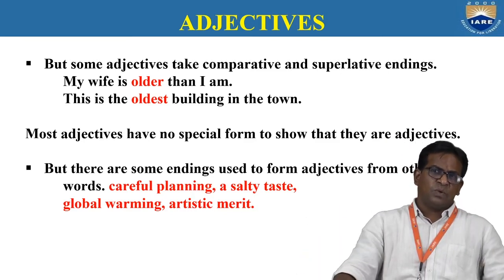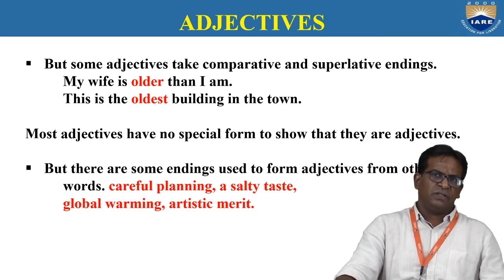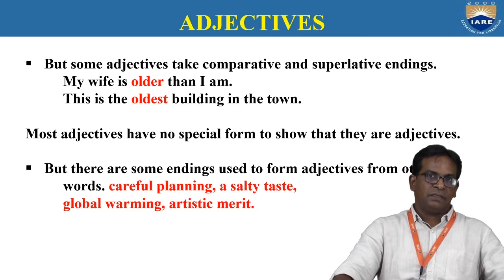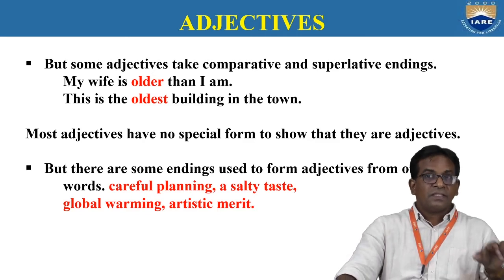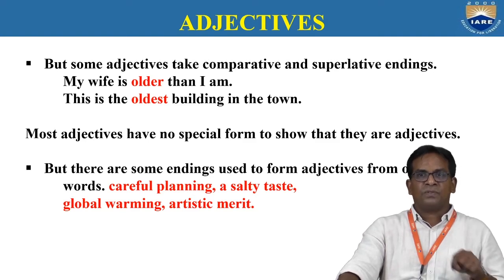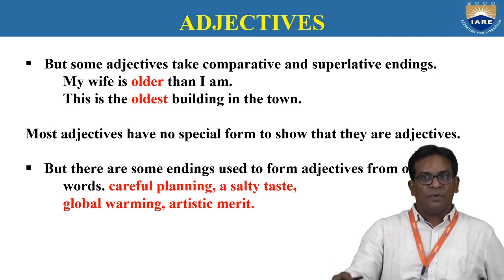Most adjectives have no special form to show that they are adjectives. There are some endings used to form adjectives from other words. Careful planning, a salty taste, global warming, artistic merit. See this one. Careful planning.